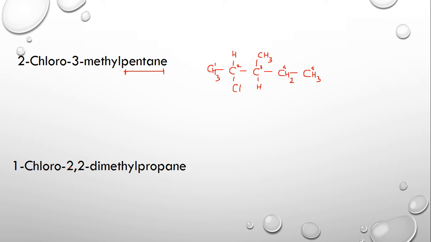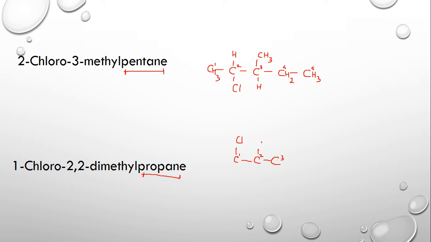Come to the next, 1-chloro-2,2-dimethyl propane. Look at the parent. Parent is propane. Propane means it contains 3 carbon atoms. Give the numbering 1, 2, and 3. On the first carbon atom, they say there is a chloro. So first write down Cl.